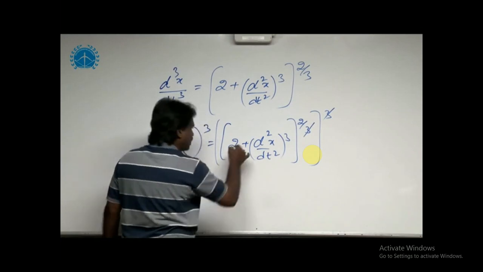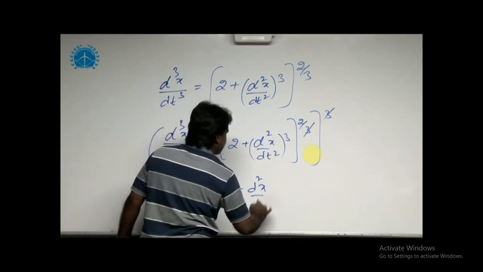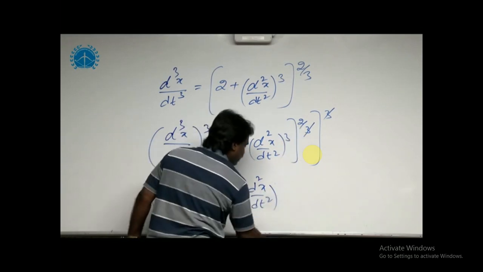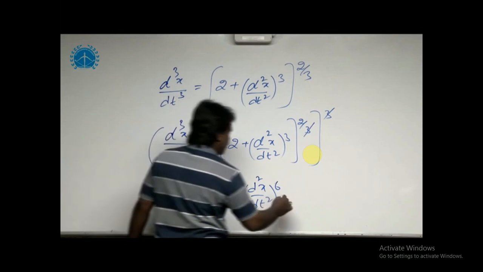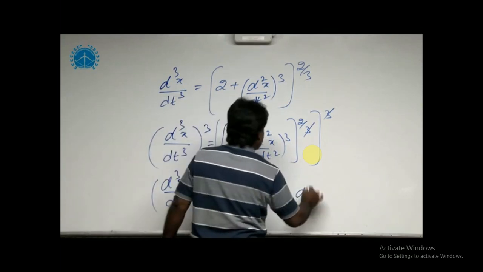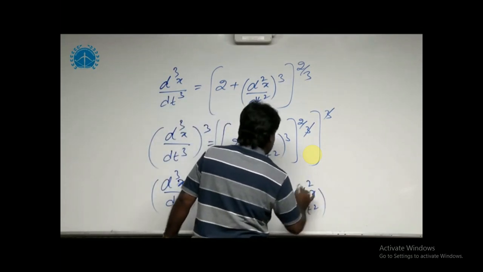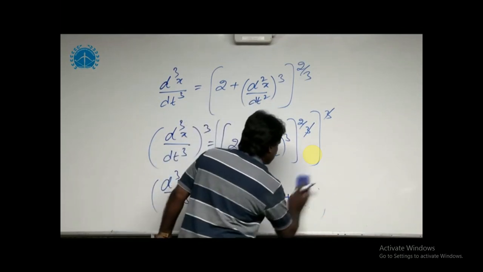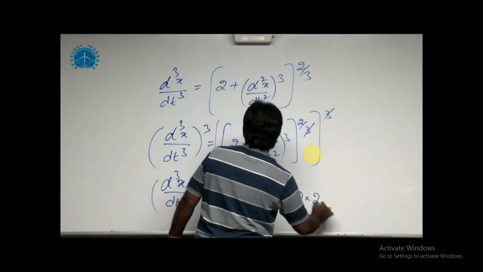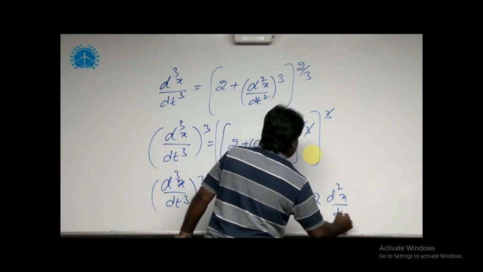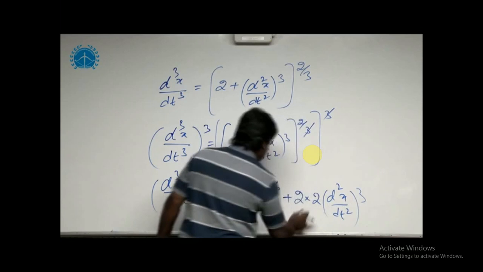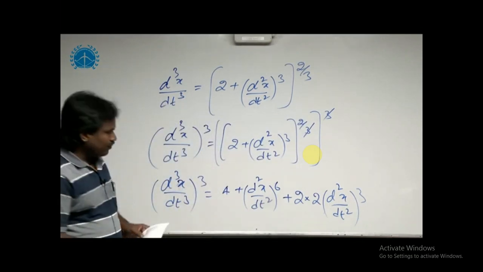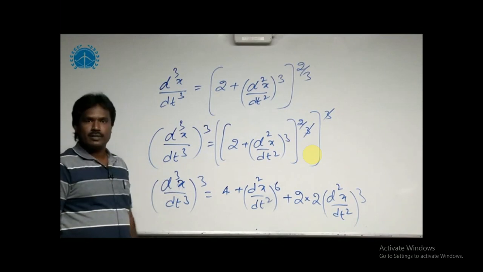So we get a square plus b square plus 2ab: 4 plus d square x by dt square whole to the power of 6, plus 2 times 2 into d square x by dt square whole cube. Now all the powers of derivatives are free from radicals and rationals. So therefore now we can decide order and degree of the differential equation.